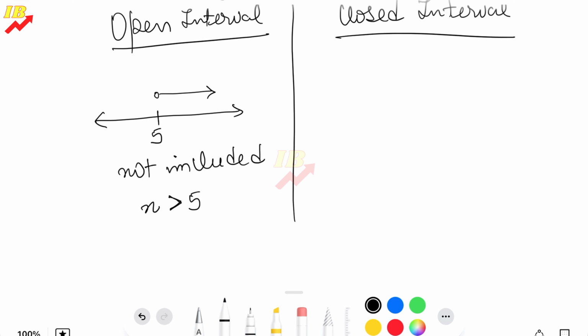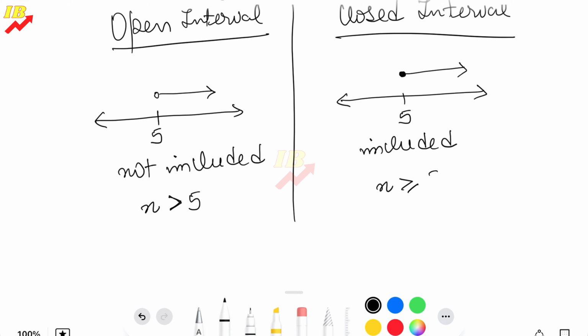And if instead of this, I'm going to closed interval, if I'm marking the same point here with a filled in circle and putting the same thing in the right direction, this point is actually included in your solution, which I'm going to write as x should be greater than or equal to 5.